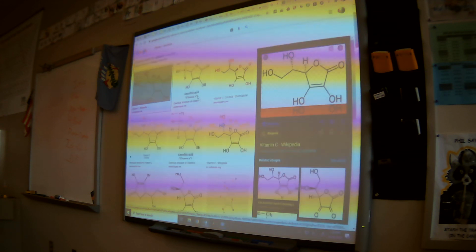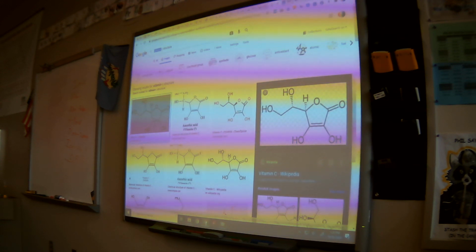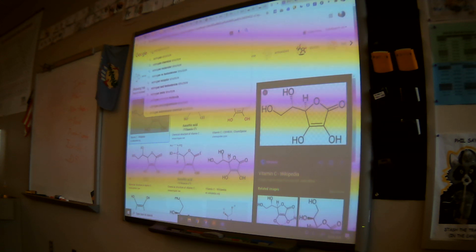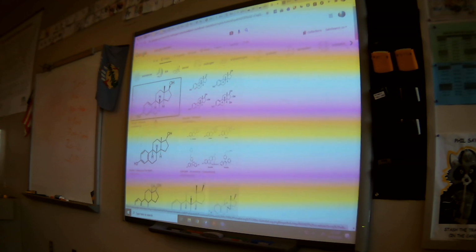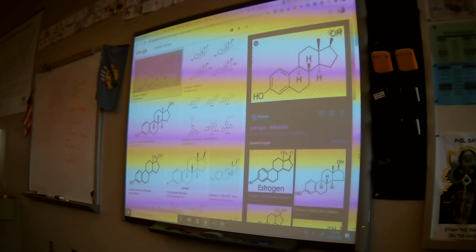Anyway, so we have that. If I gave you this structure, we all agree this is pretty polar, right? And compare it to this, which one's more polar? Vitamin C, right?